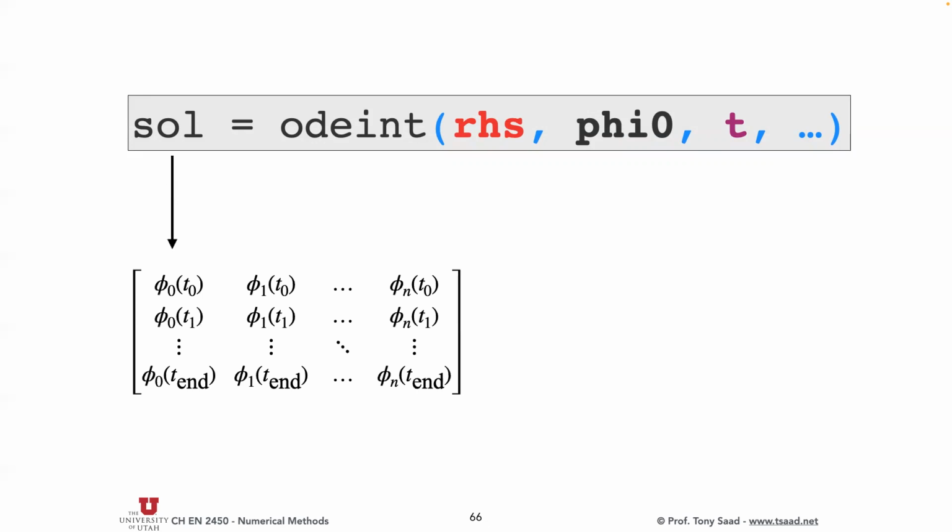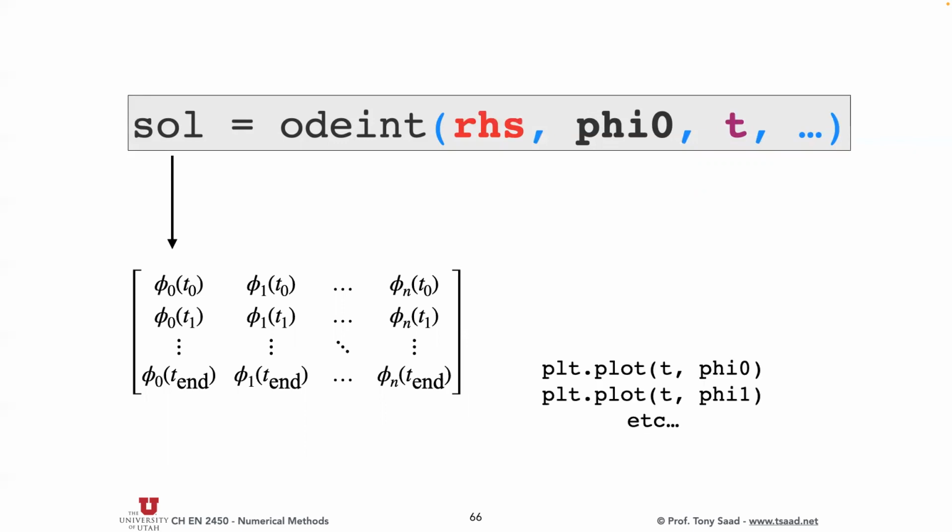The first ODE at all times going from T0 to T end. And in the second column, you're going to have the second ODE from T0 to T end and all the way to the last column. So you need to plot all of this for the first ODE. You need to plot all of this for the second ODE and so on.